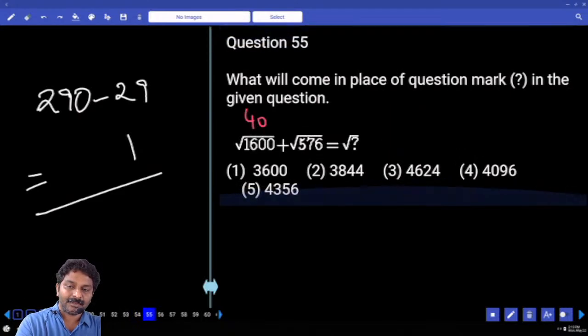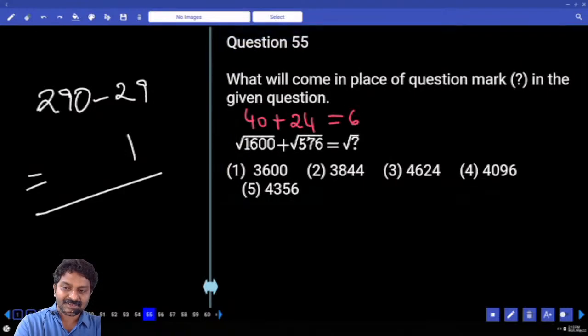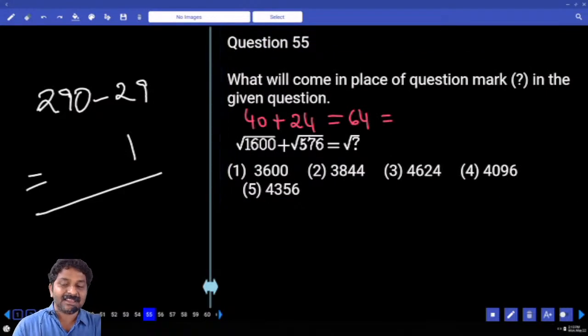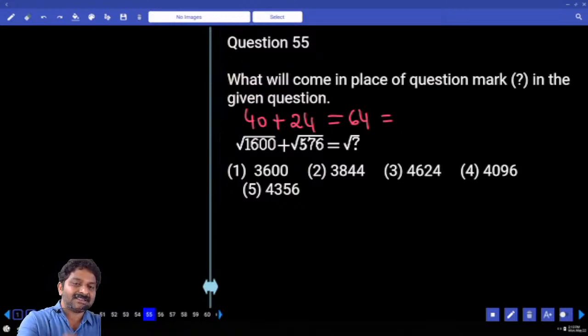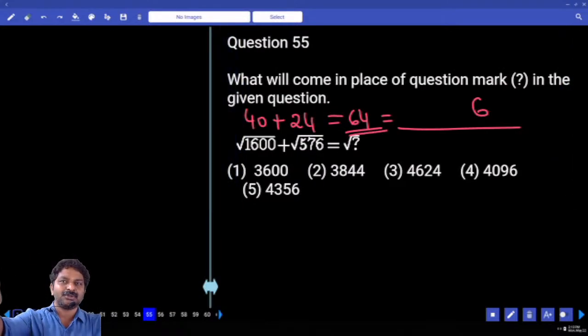40 plus total 60 is equal to root x, right? Then x is equal to 64 square. 64 square is very close to 65 square and should be less than that.